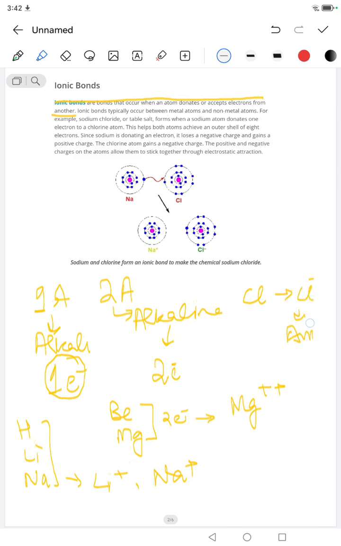So the positive ions, they are the cations, and the negative ions, they are the anions. So when the anion and cation combine, they are mainly combined by the ionic bond. So the compound they form will be ionic compound, and the bond in between these compounds is the ionic bond.